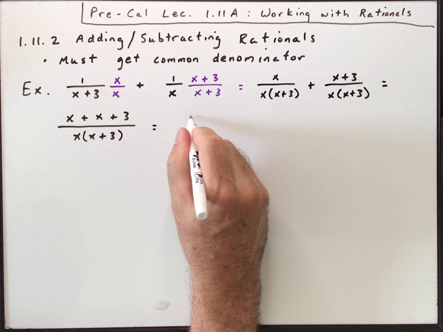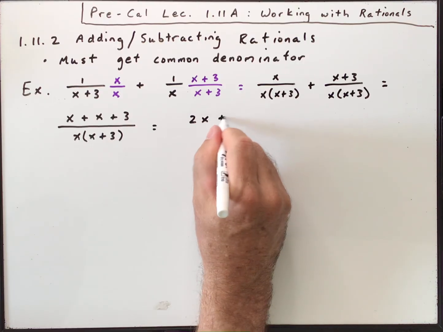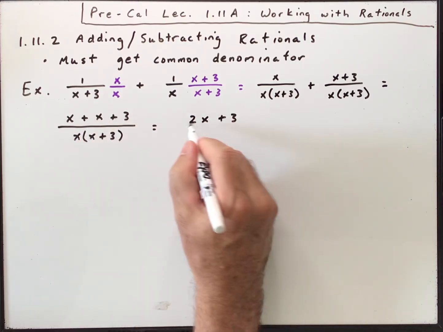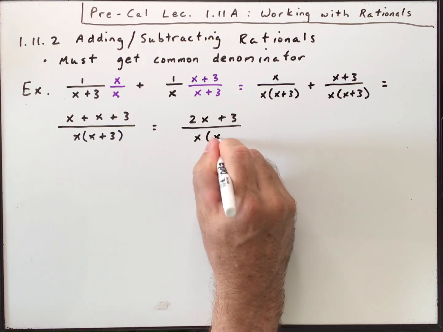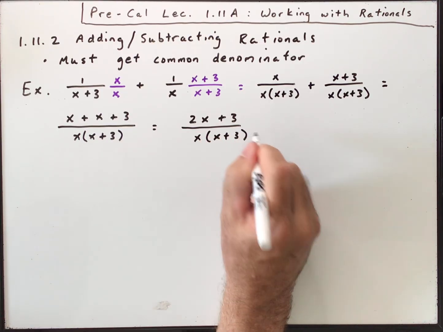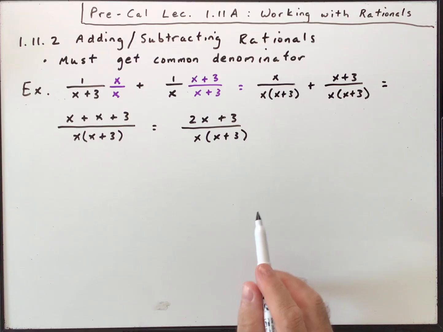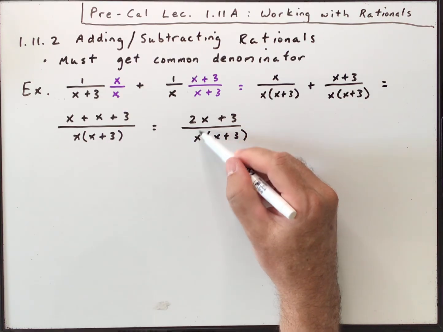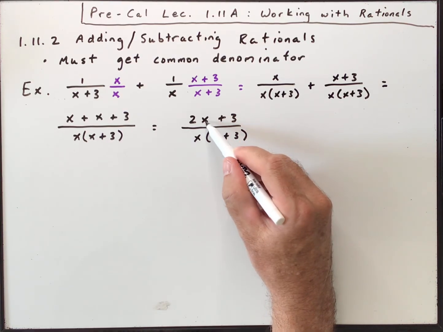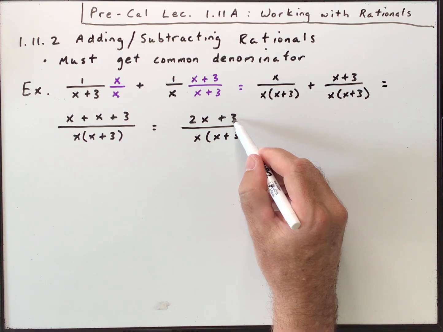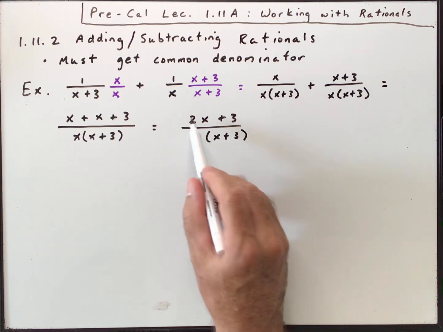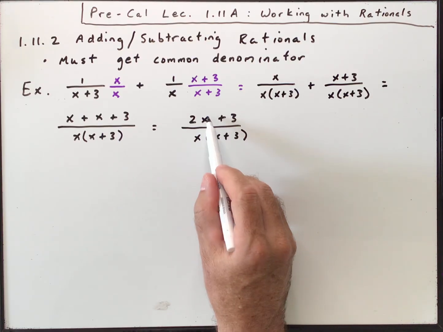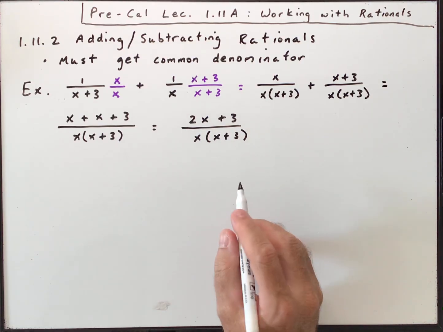So that's going to be 2x plus 3, I'm just adding the two x's together, over x times x plus 3. And there's nothing you can do with that. You can't cross out that x over x because this 2x is attached to a 3. So those don't cross out. If it were just 2x and it didn't have a plus 3, then yes, you could cancel out the x's.